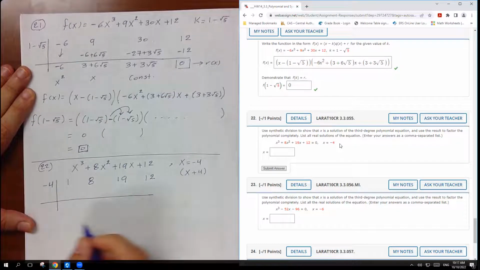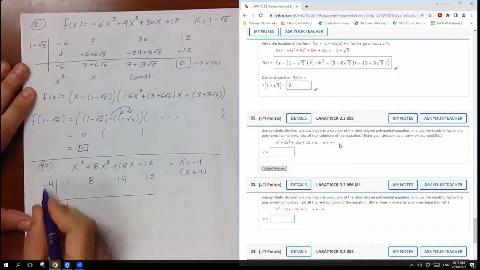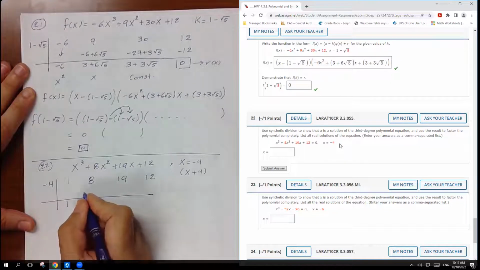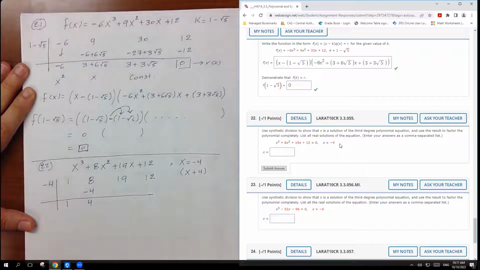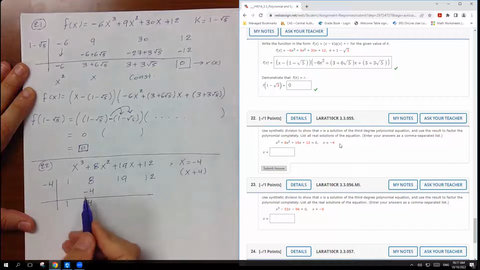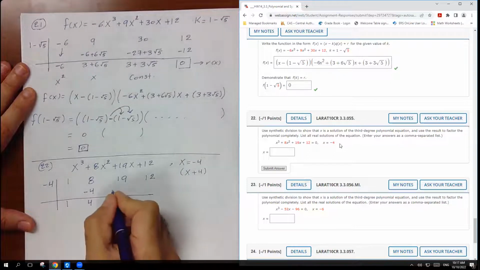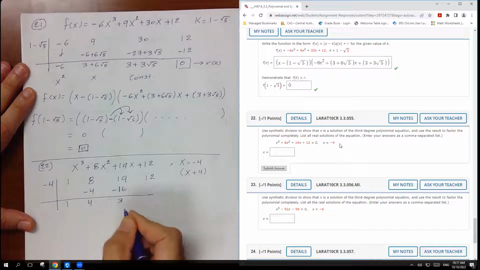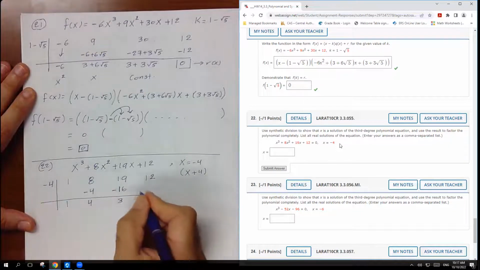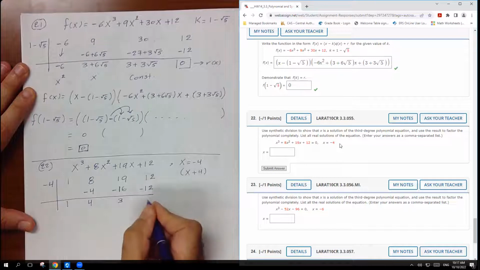Now let's start. The first number is 1. -4 times 1 is going to be -4. Add these together is going to be 4. Now -4 times 4 is going to be -16. Add these together is going to be 3. -4 times 3 is going to be -12. Add these together is going to be 0.